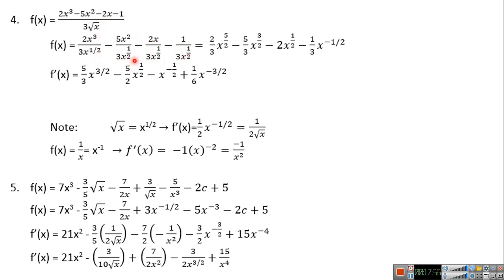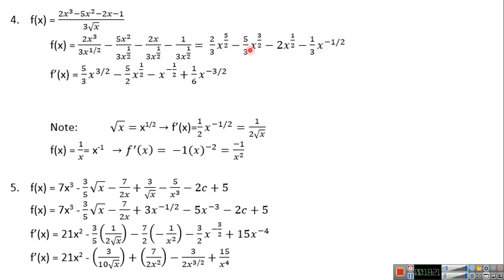So I take the x's up. I must do it as ax^n. So 2 over 3, x power 3 minus half, 3 minus half is 2.5, which is 5 over 2. Here 2 minus half, it will be 5 over 3, x^1.5. Here 2 over 3, x power 1 minus half is half. Here 1 over 3, x minus half.